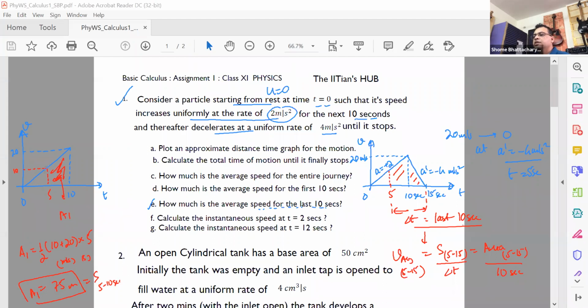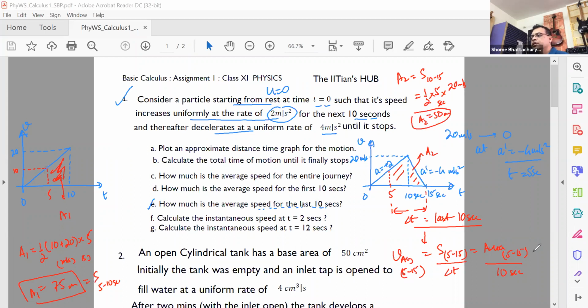And then we have the second thing, this triangle, A2, which is the distance traveled from 10 to 15 seconds. So that is equal to how much? It is the area of triangle, so half base, which is 5 seconds, into height, which is 20 meters per second. So that is becoming 50 meters.